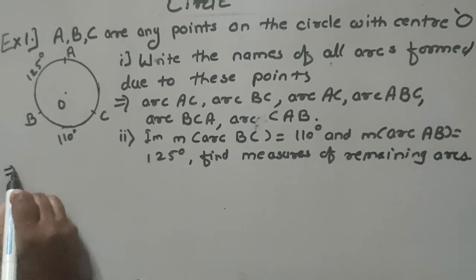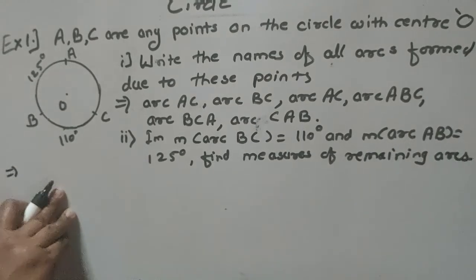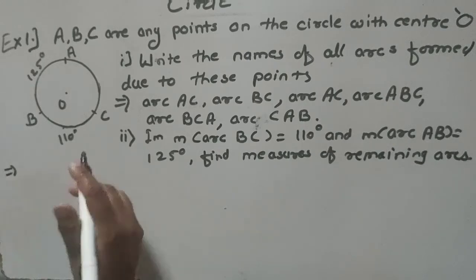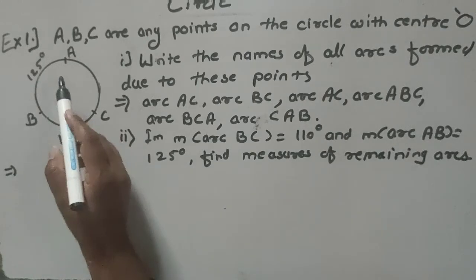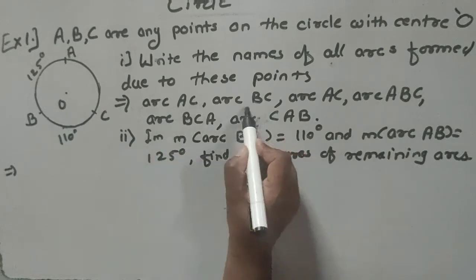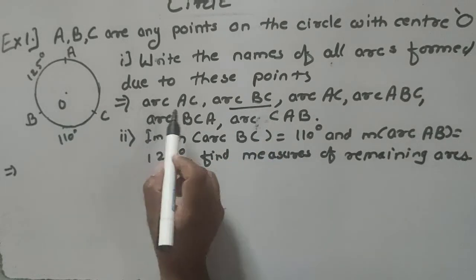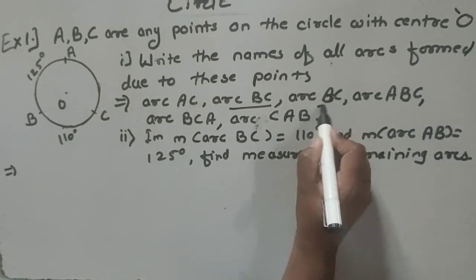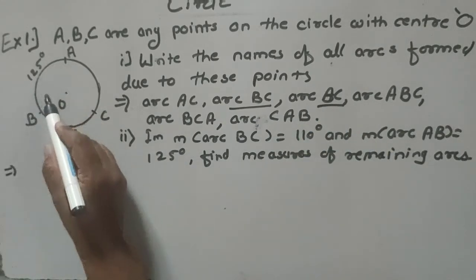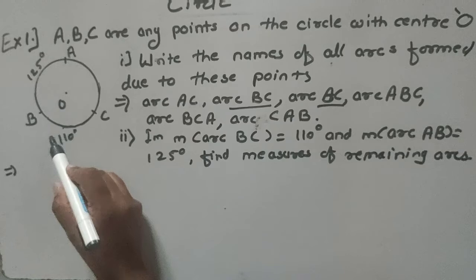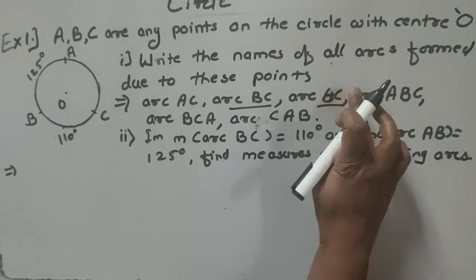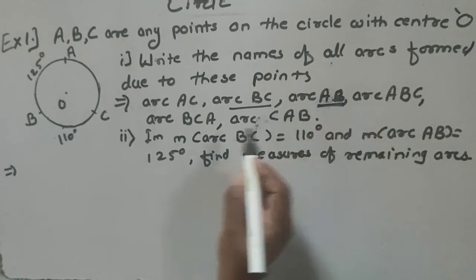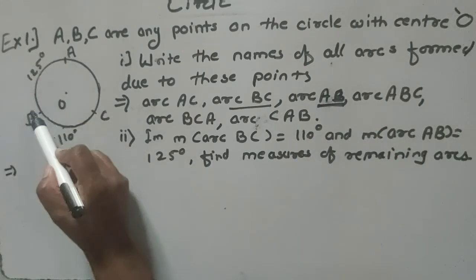Now its answer. First of all, how many arcs are here? Measure of arc BC is given, AB is given.